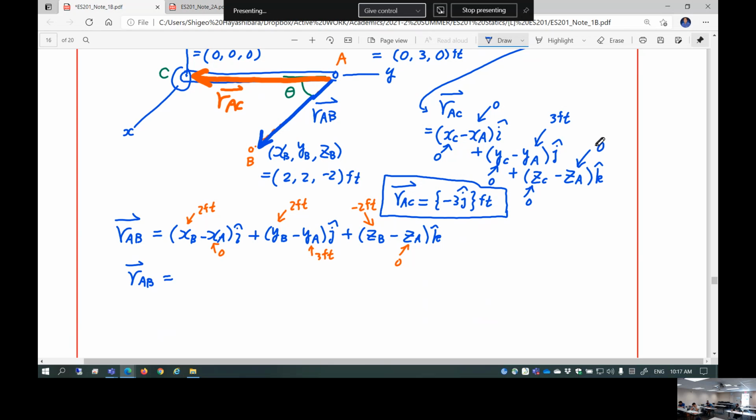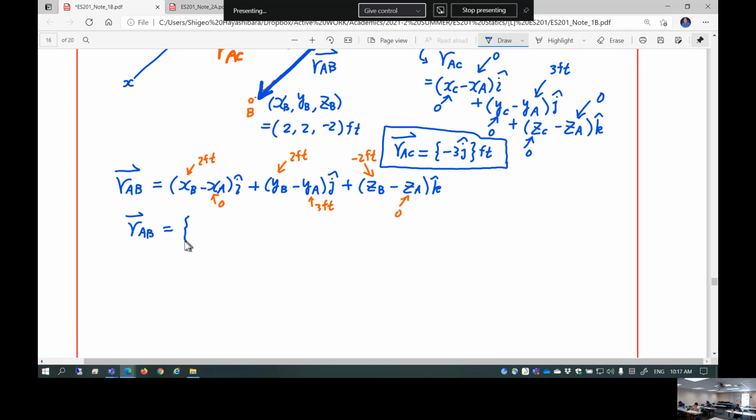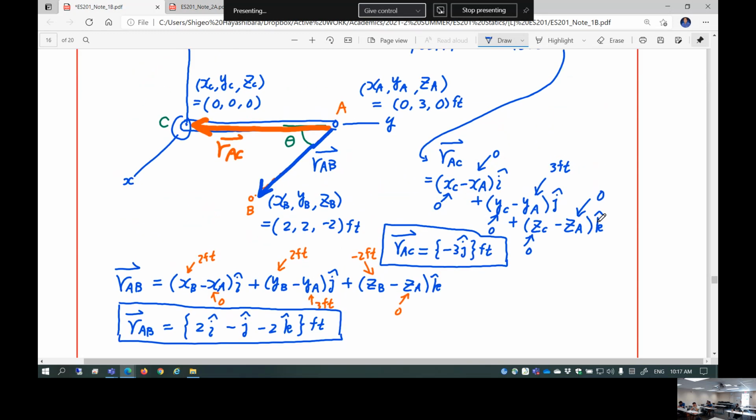So what is the conclusion? RAB is 2 minus 0, so 2i; 2 minus 3, minus 1; and minus 2 minus 0, which is minus 2. Do you follow that? So this is the position vector RAB, and this is the position vector RAC.